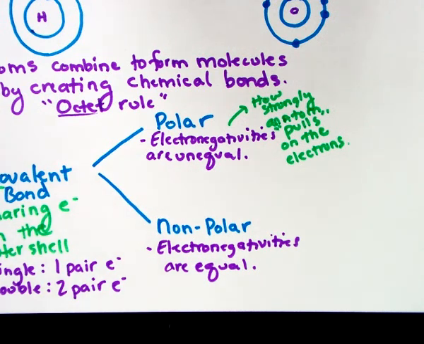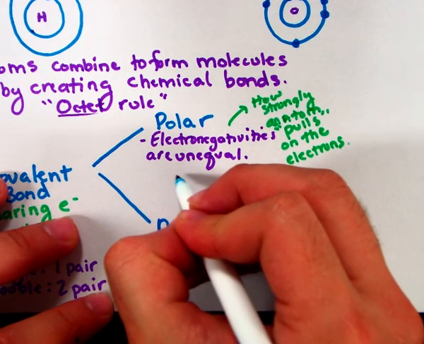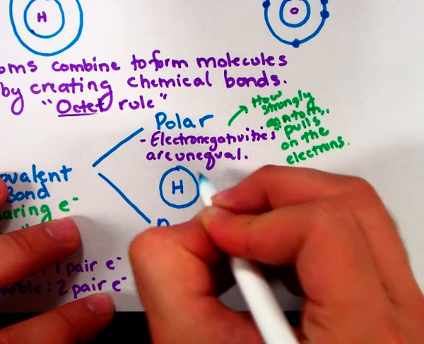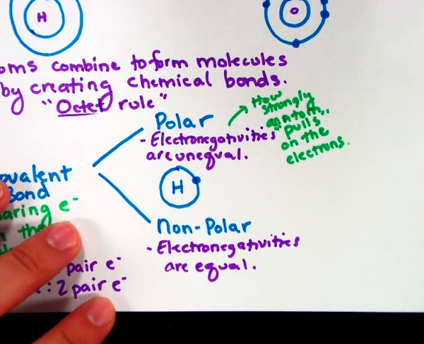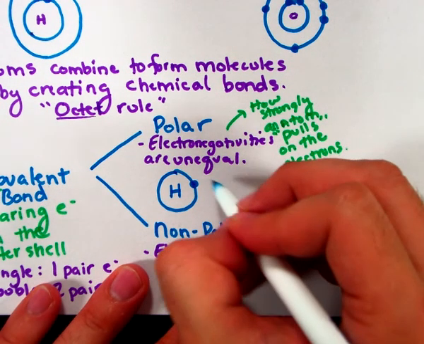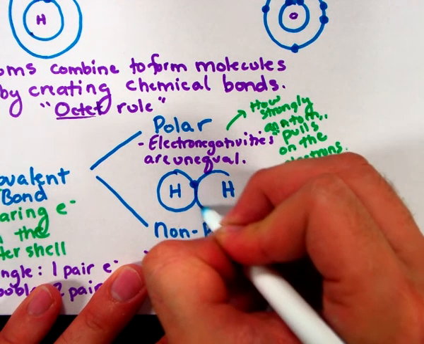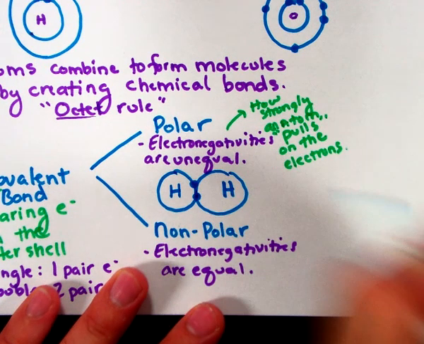All right. So simple example, we have hydrogen, which has 1 electron in that initial shell, will bond with another hydrogen and share an electron.